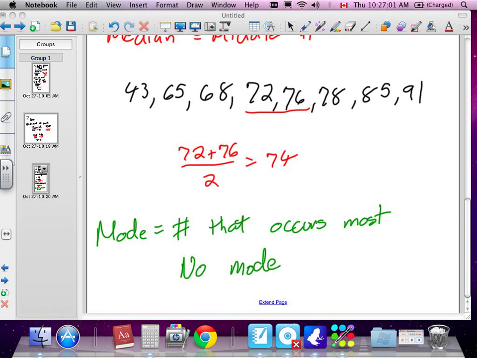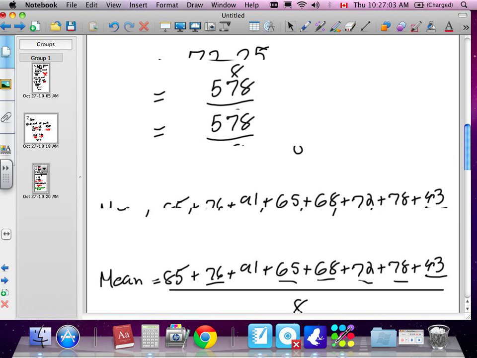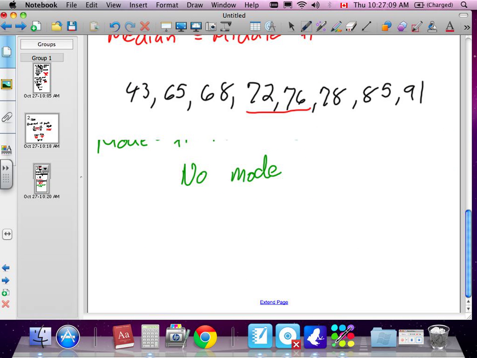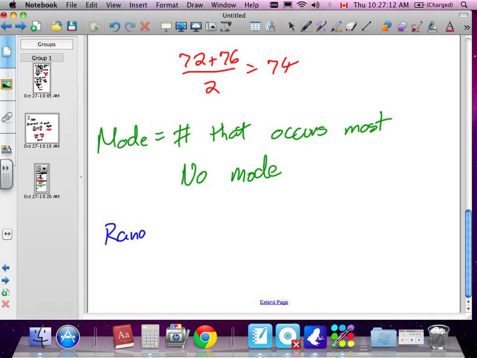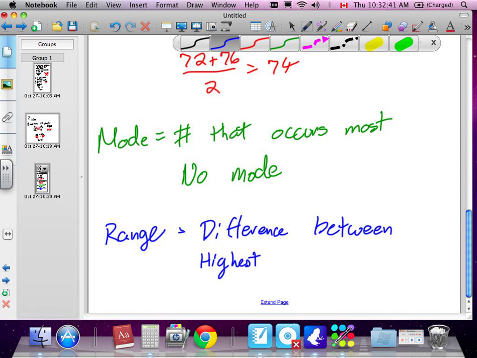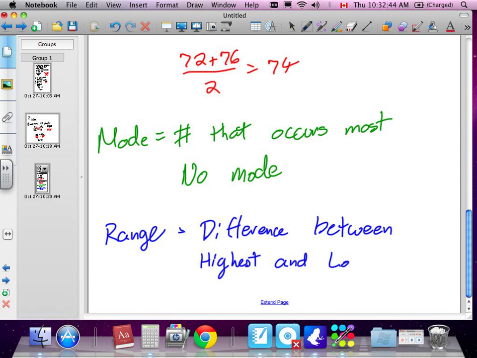Last statistical thing we want to quickly look at is range. What does range deal with? The range would be the difference. Yes. Difference between the highest and lowest numbers.